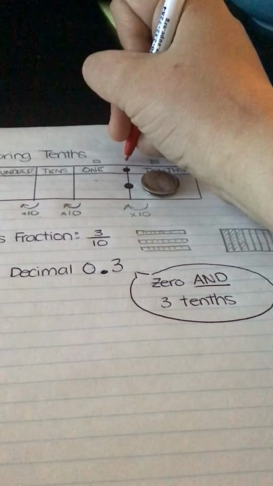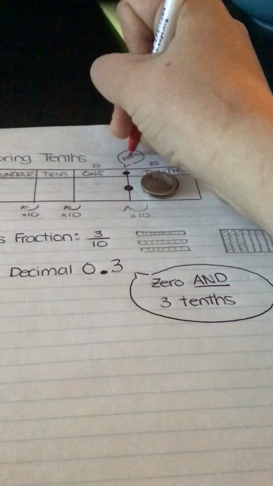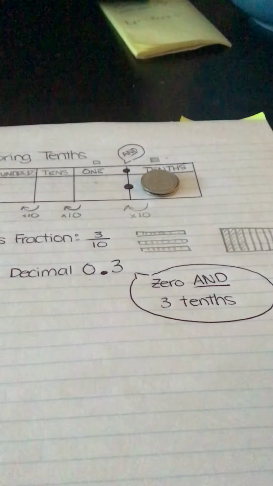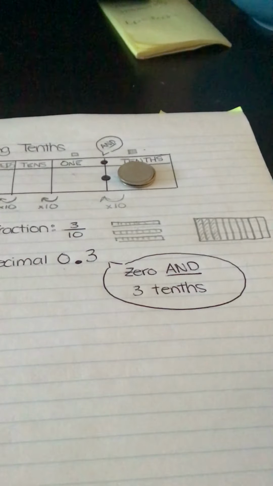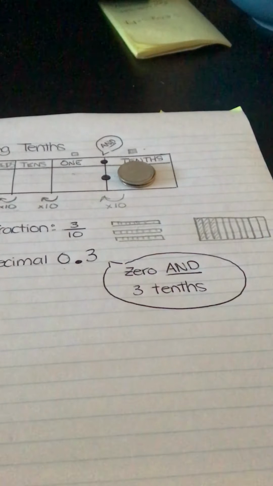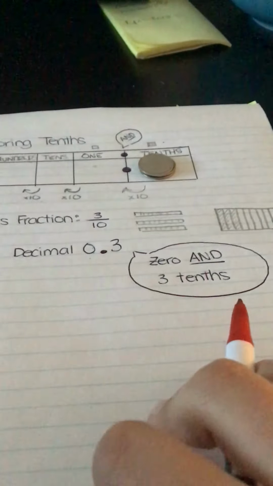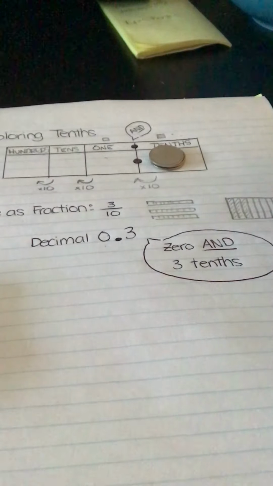Remember that our decimal point is represented by the word "and" when we read our decimal. So when we hear that word "and," we know there's a decimal place there. So 0 and 3/10.